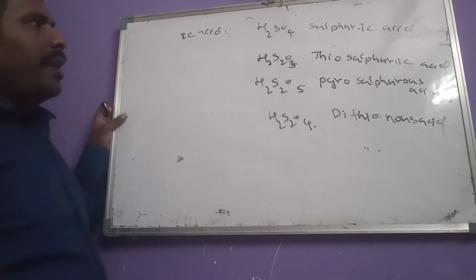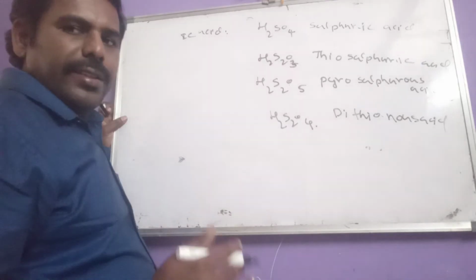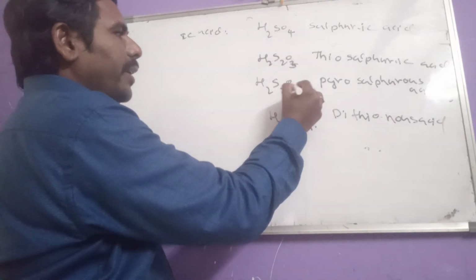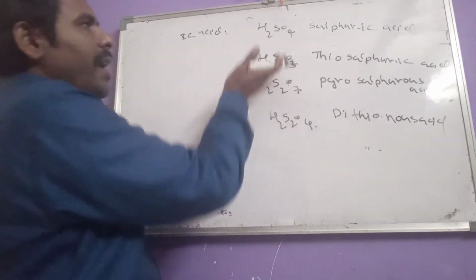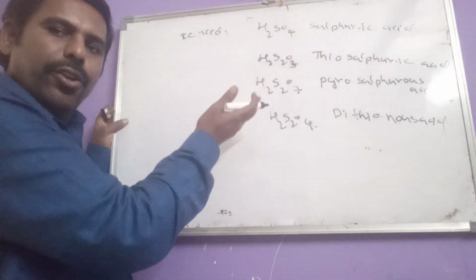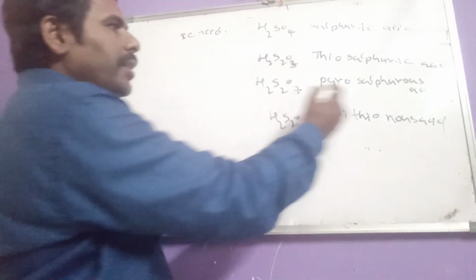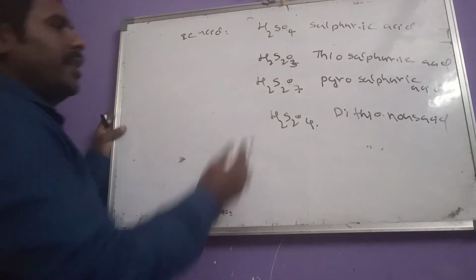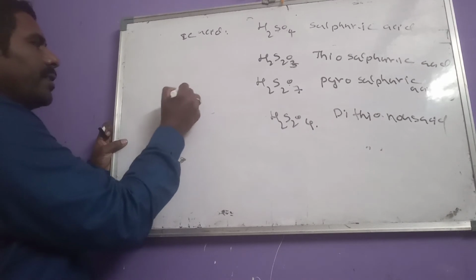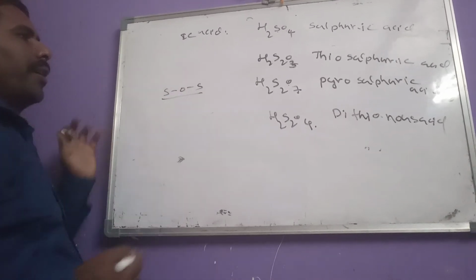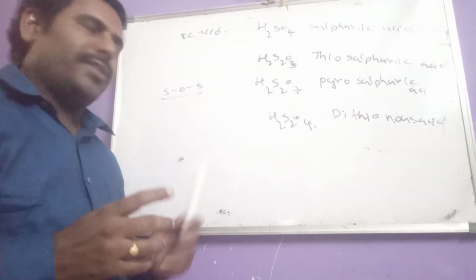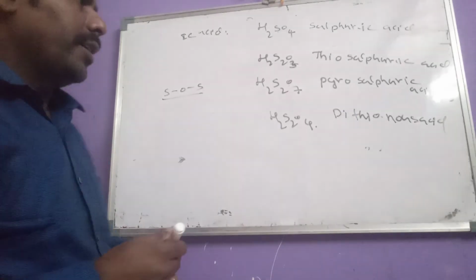Now like in the previous case, add the above two acids. Means we can get H2S2O7. As we added that 'pai', that means upper, this is called pyrosulfuric acid. One speciality for this, it has an SOS bond.